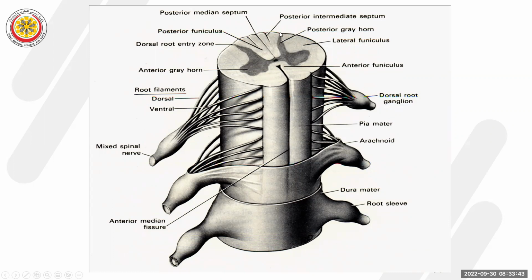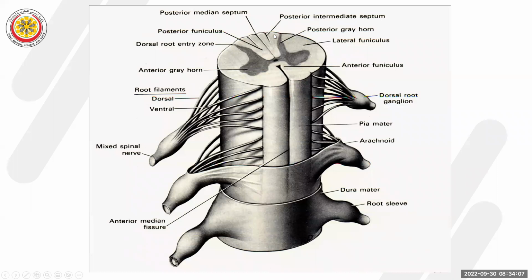And then we have one for the emergence of the posterior root of the spinal nerve in the form of rootlets. And this is the dorsolateral sulcus, and then the intermediate sulcus between the two.